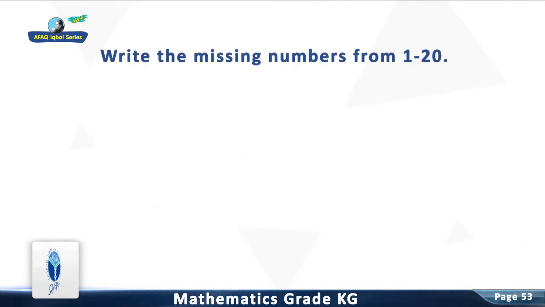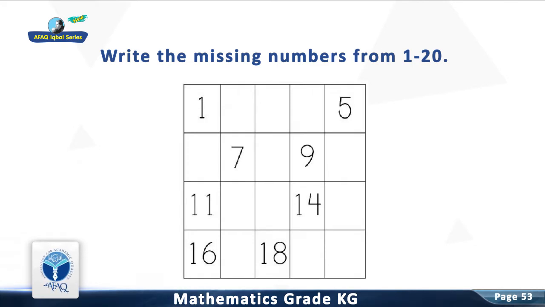Write the missing numbers from 1 to 20. Let's start. 1 is already written. Now write the number that comes after 1. Good. It is 2. Now write the number that comes after 2. Good. It is 3.